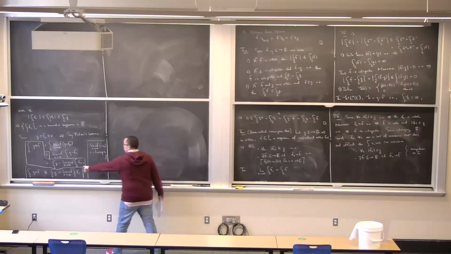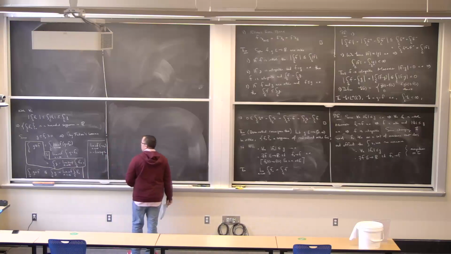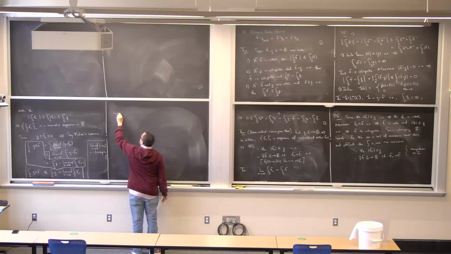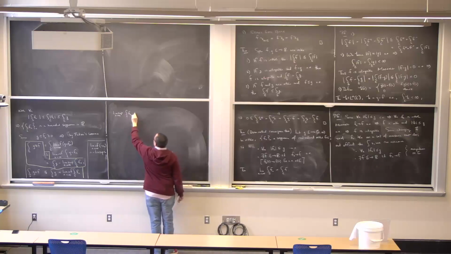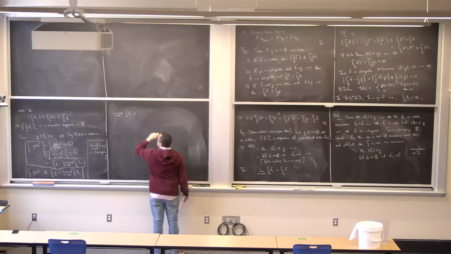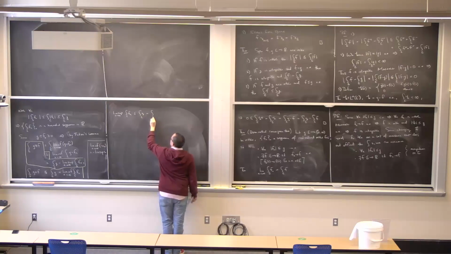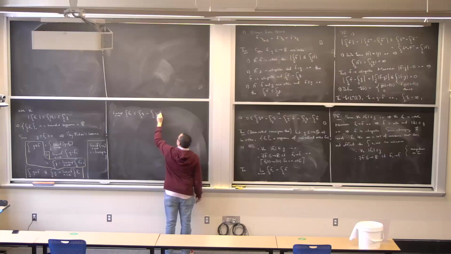So moving the lim sup over and subtracting over the integral of g minus f, I get that the lim sup as n goes to infinity of f sub n is less than or equal to the integral of g minus f.